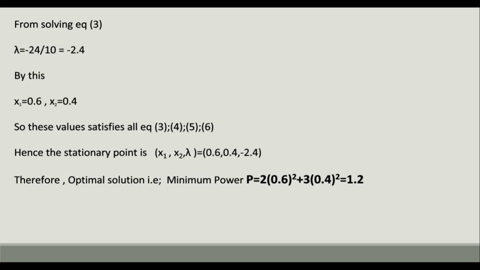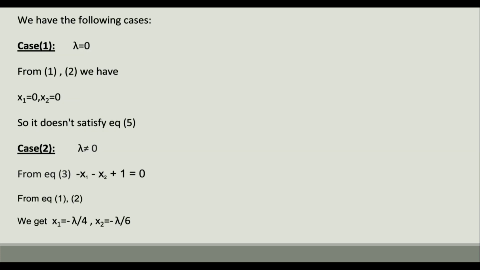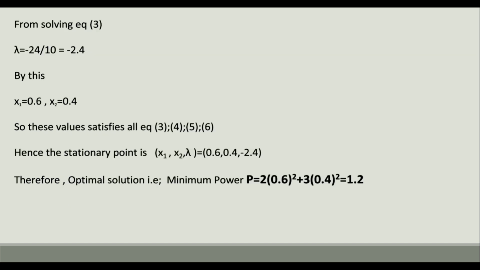Substituting lambda in x1 equal to minus lambda by 4 and x2 equal to minus lambda by 6, we get x1 equal to 0.6 and x2 equal to 0.4. Hence the stationary point, with x1, x2 and lambda values, will be 0.6, 0.4 and minus 2.4 respectively.